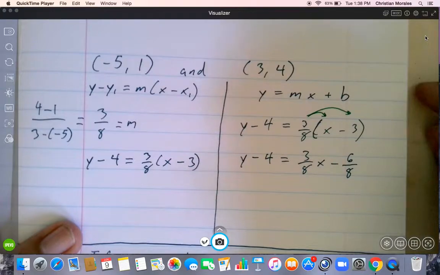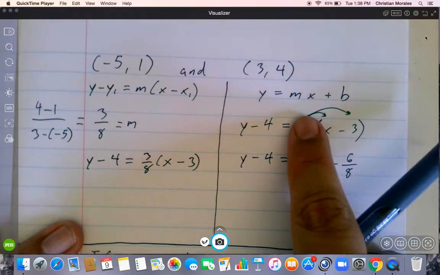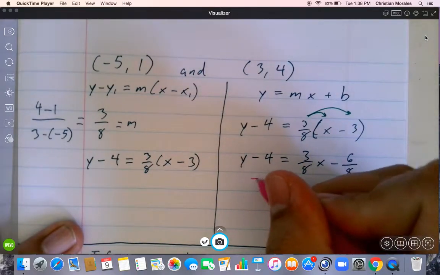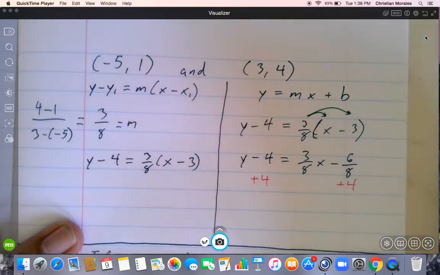Then this is almost ready to look like this, except there's a 4 here. So you got to get rid of that 4. We're going to use inverse operations and add 4 to both sides.